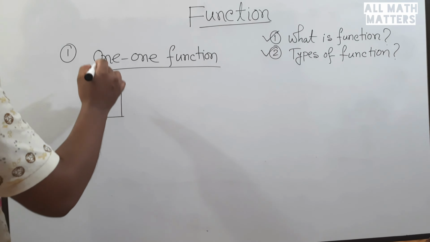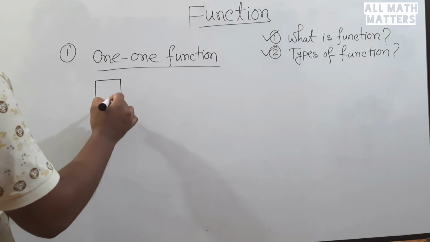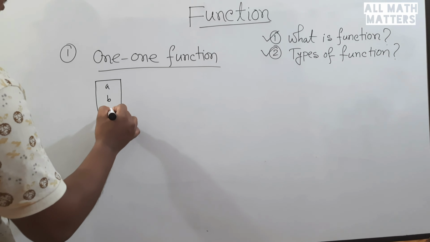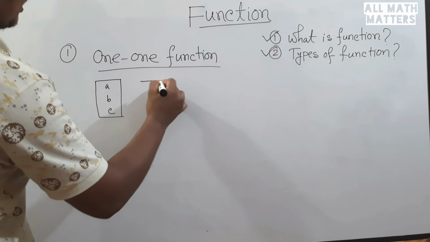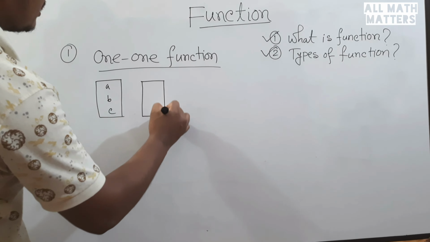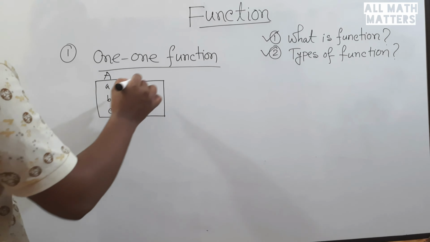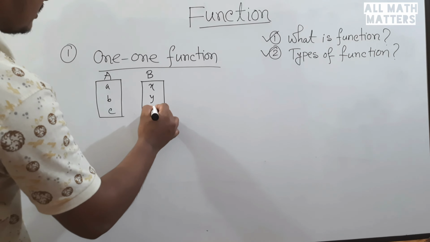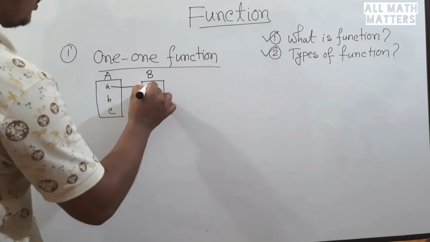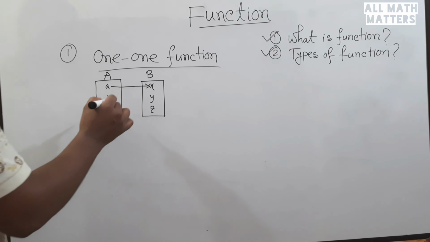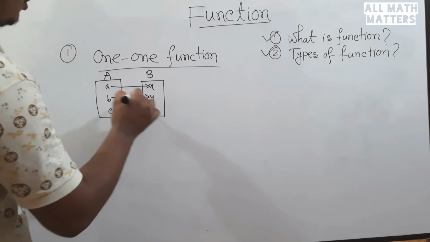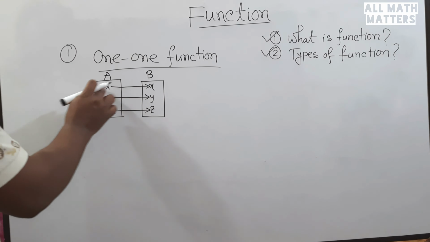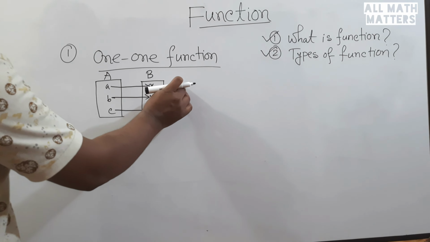Suppose the elements of set A, that means the input, are A, B and C, and another set B has x, y, z. For input A we will get the value x, for input B we will get the value y, for input C we will get the value z. That means for each value we will get a different output.